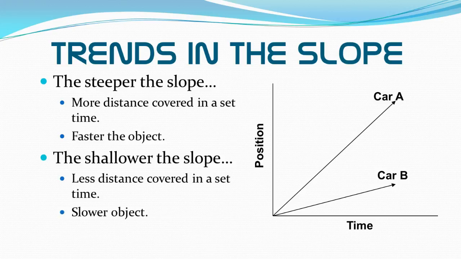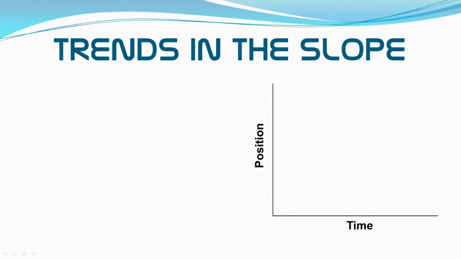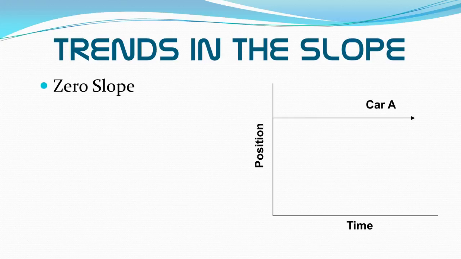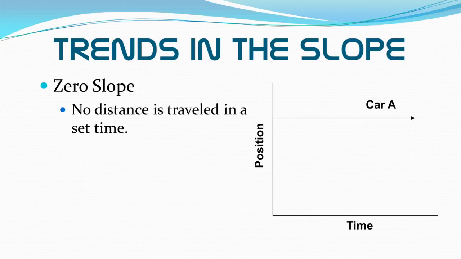Or in other words, the slower the object. If you have a zero slope or a completely horizontal line, there's no distance traveled in that set amount of time. In other words, you have zero velocity, zero slope, zero velocity. The object is not moving in this case.